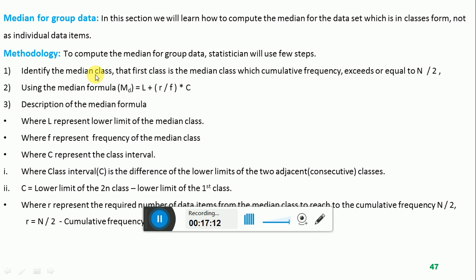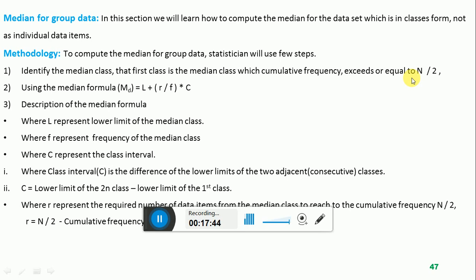So in which class can the median happen? The first class of the data set whose cumulative frequency exceeds or is equal to n over 2, where n is the total number of observations, total population or sample size, is the median class.